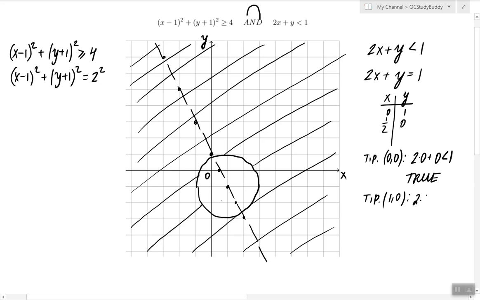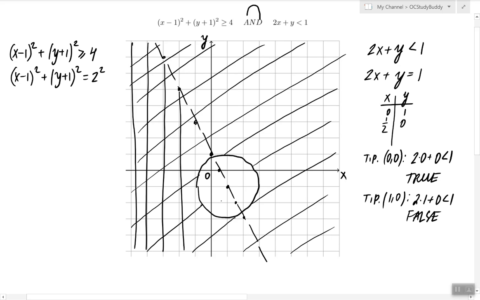And at 1, 0, 2 times 1 plus 0 less than 1 is false. That means I have to shade the region that contains the origin, so to the left of the line or below the line. So I'm going to shade it using vertical lines. So this is the solution of the inequality on the right.